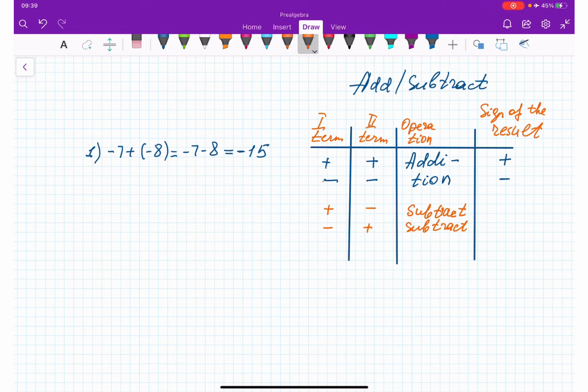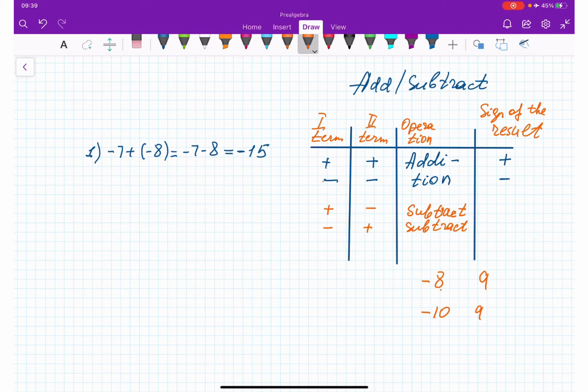Let's say in one case I have negative 8 and positive 9, right? In the other case I have negative 10 and positive 9. Between negative 8 and 9, we take absolute values. Absolute value of negative 8 is 8. Absolute value of 9 is 9.